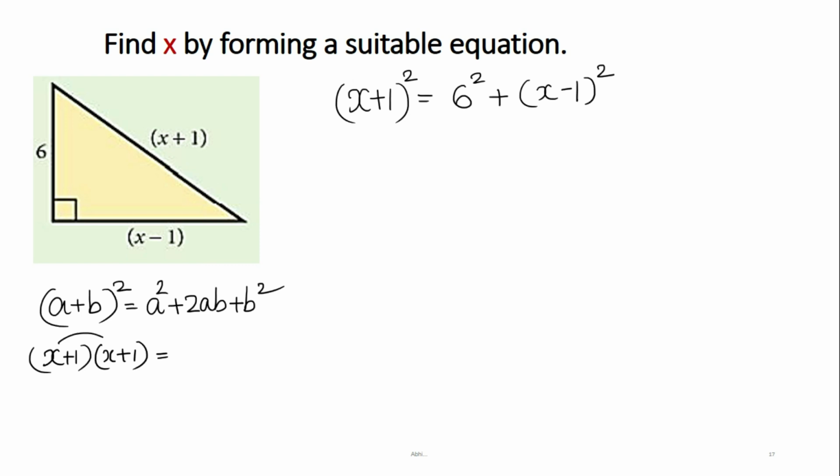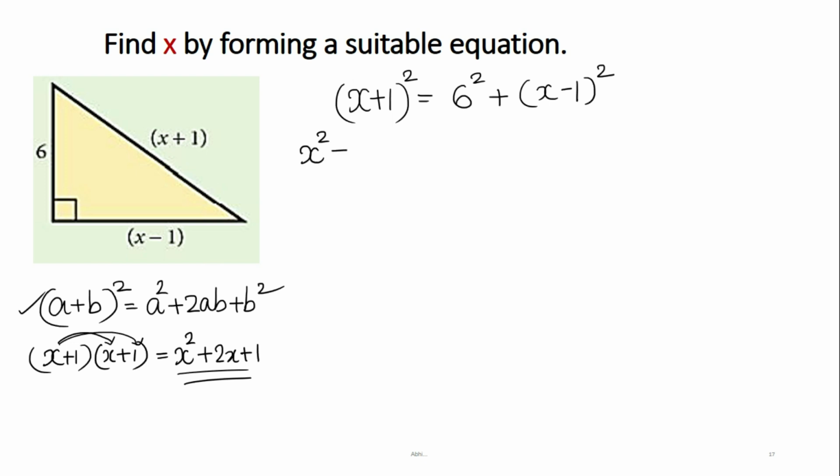So when you do the term by term multiplication, and you expand it, your answer will be equal to x squared plus 2x plus 1. So either you can use the identity and find it straight away, or you can just expand the brackets and get your expanded form for this expression.